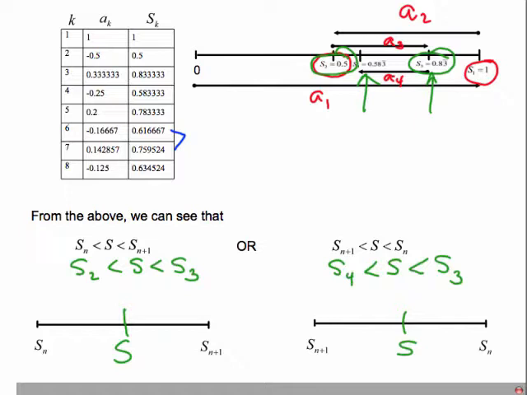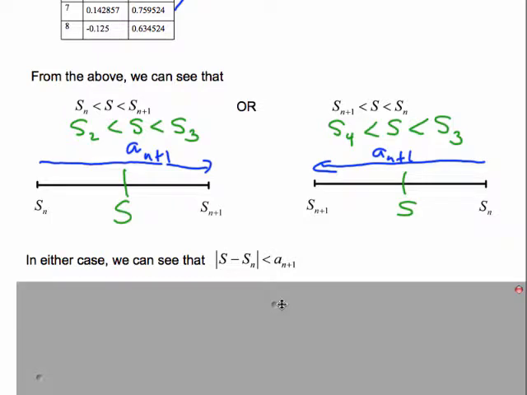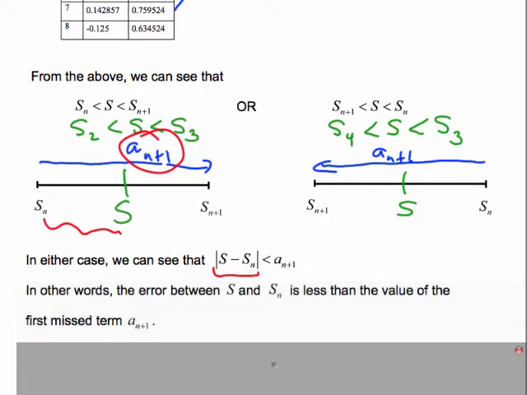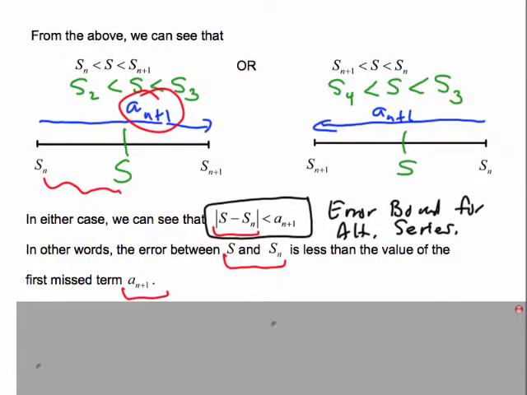And because what we add to go from Sn to Sn plus 1 is a sub n plus 1, whether we're adding or subtracting it depending on which term we're at, we can see from this that in either case, the difference between our estimate Sn and our actual sum is going to be less than the next term that we don't count in our estimate. In other words, the error between our approximation Sn and the real value of S is going to be less than the first term that we don't count in our estimate. And this is called the error bound for alternating series.